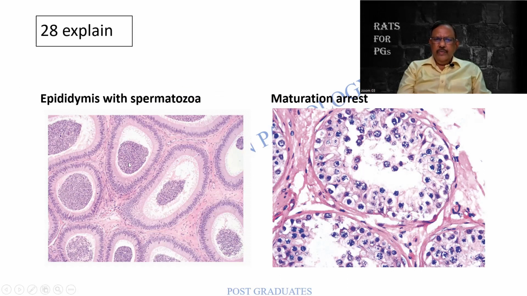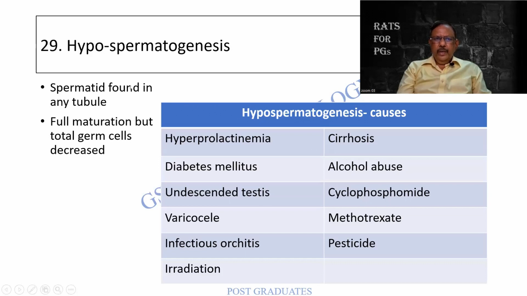So nothing is wrong within the testis if it is a case of infertility. In this case, there is definitely a maturation arrest. I find that there are Sertoli cells, there is some amount of maturation, but there is no teeming of spermatozoa within the tubules. This can be variable at different tubules. Hypospermatogenesis: spermatid is found in any tubule.